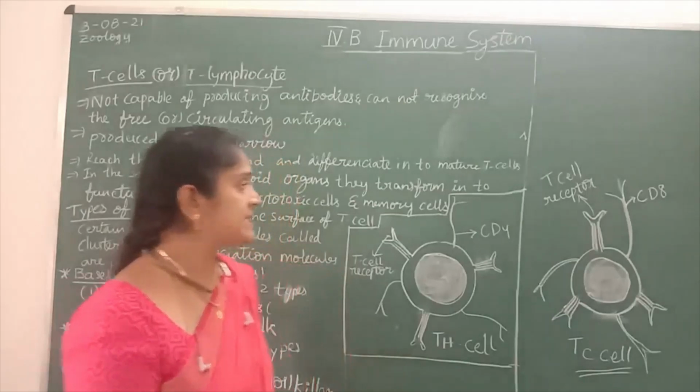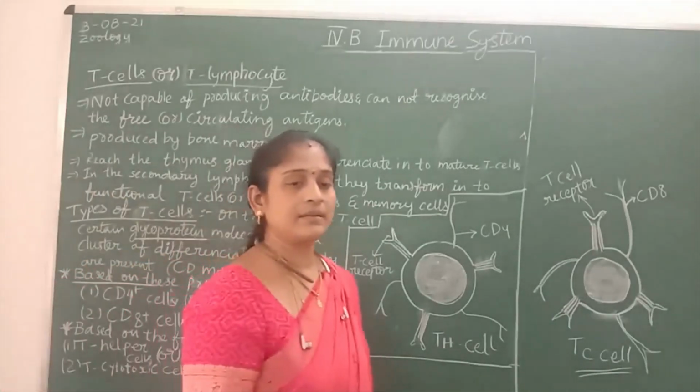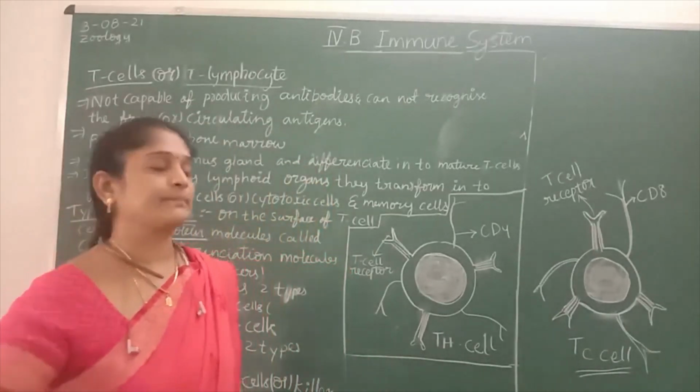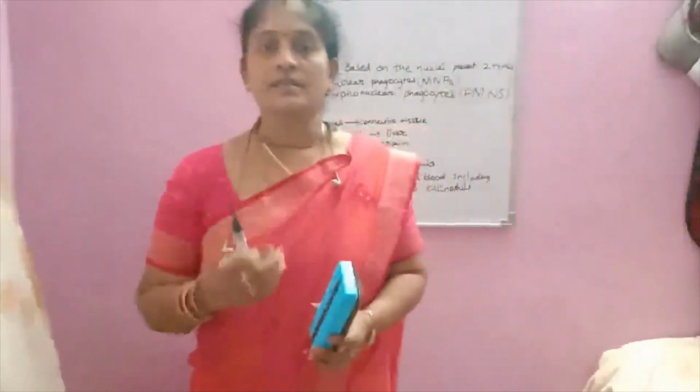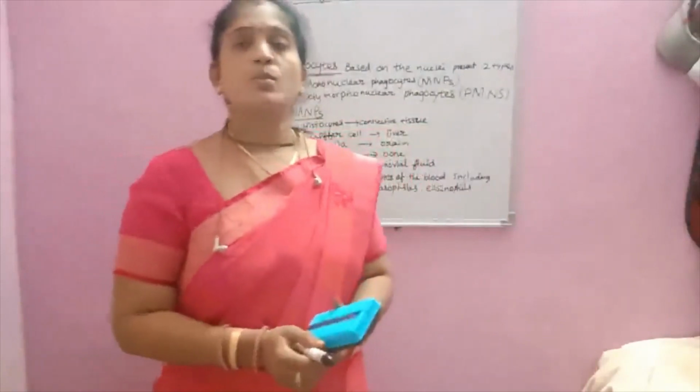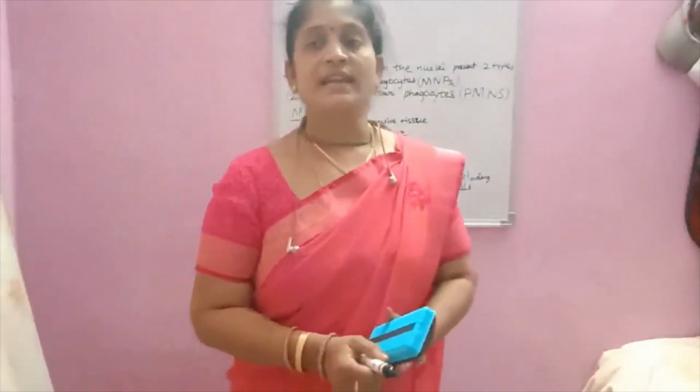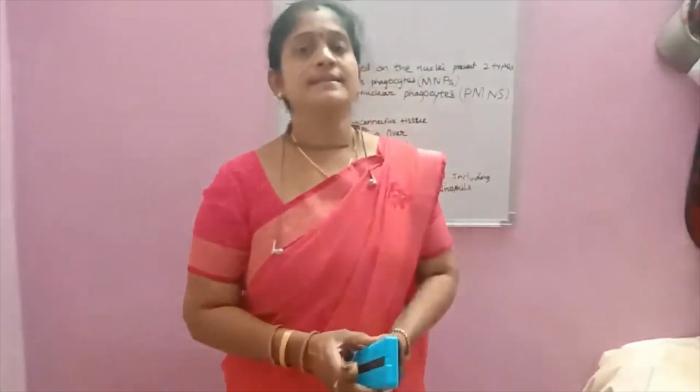So the next one is large granular lymphocytes. Large granular killer cells form the body's most important line of defense, and they destroy the infected cells.